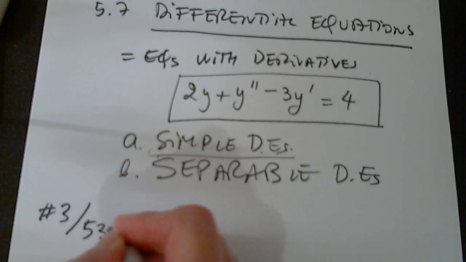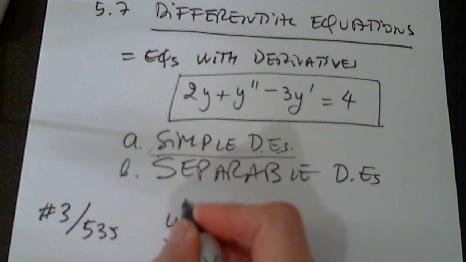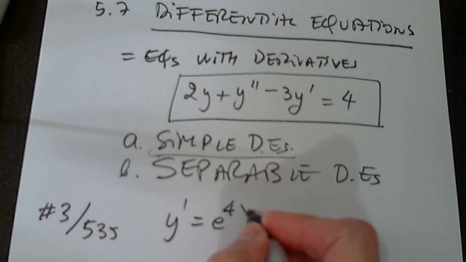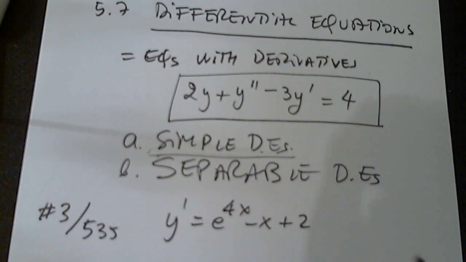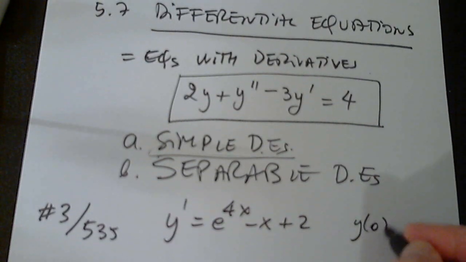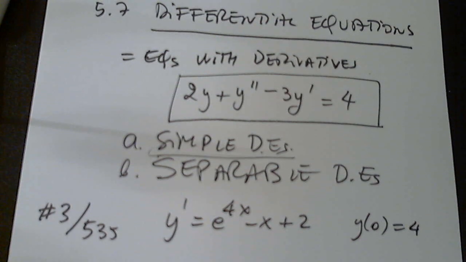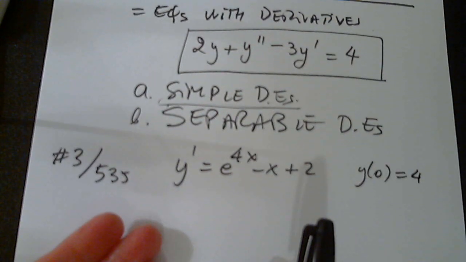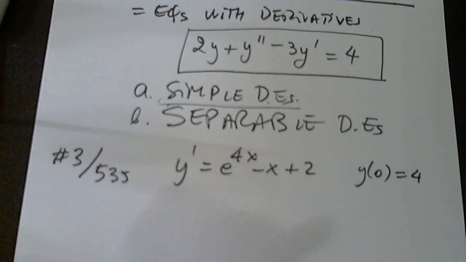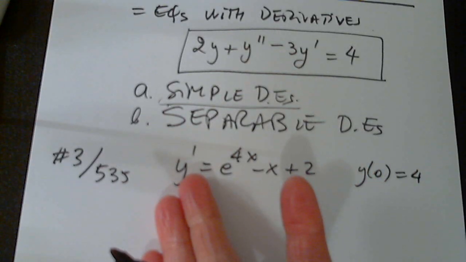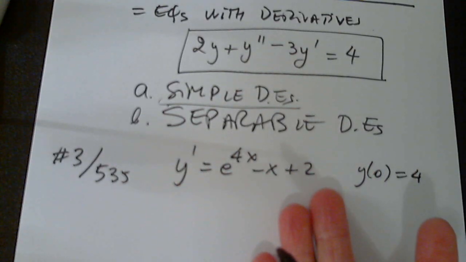So 535. y prime equals e to the 4x minus x plus 2. y of 0 is 4. This is nothing different from before. I'm asked to find y. If I have the derivative, I have to find the most general antiderivative.